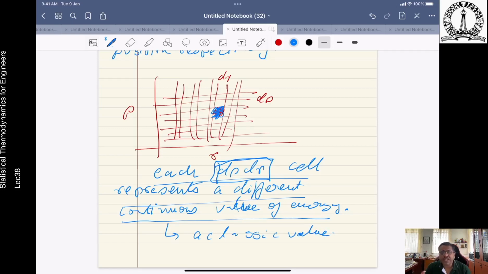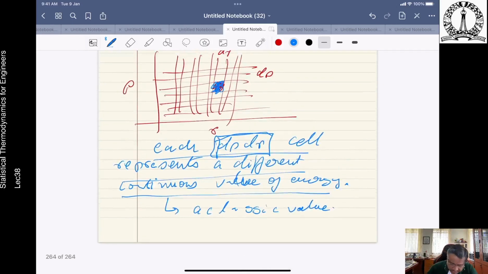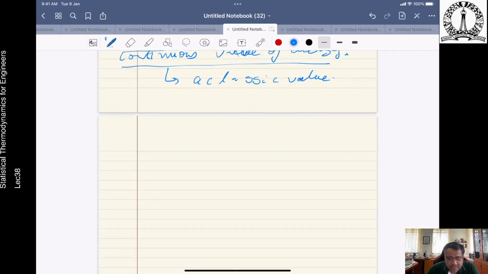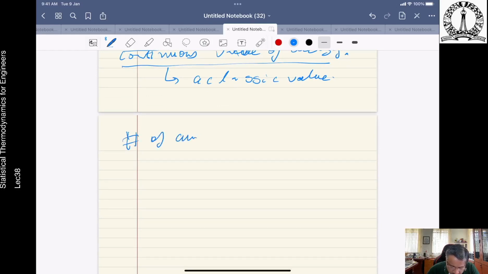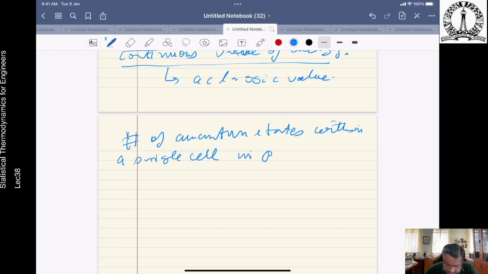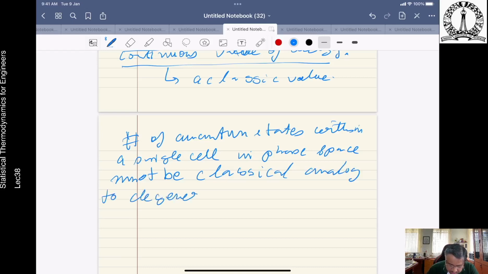Therefore, we must assert that the number of quantum states within a single cell in the phase space must be the classical analog to degeneracy.